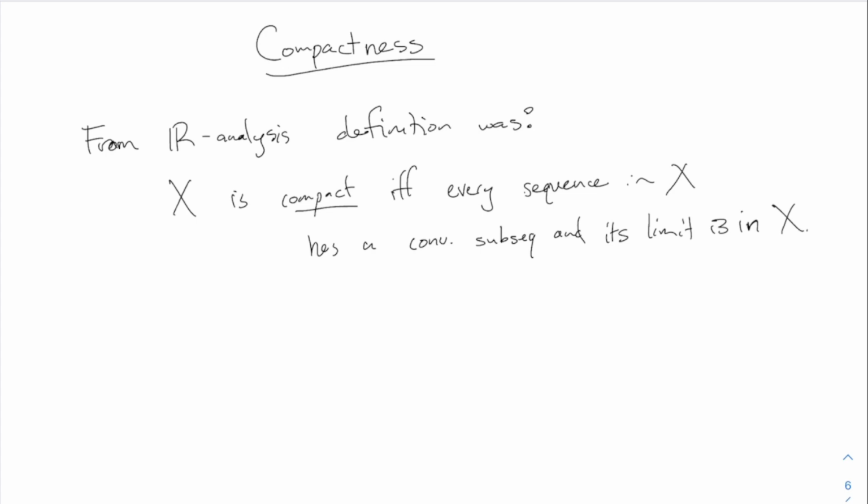This, for our purposes, is not very convenient in a topological setting because, you may have noticed by now, we don't really like to talk about sequences and limits of sequences. That is a very nice thing to talk about in real analysis. It's not so nice in topological spaces. One big reason is that in a non-Hausdorff space, a sequence can converge to more than one value.